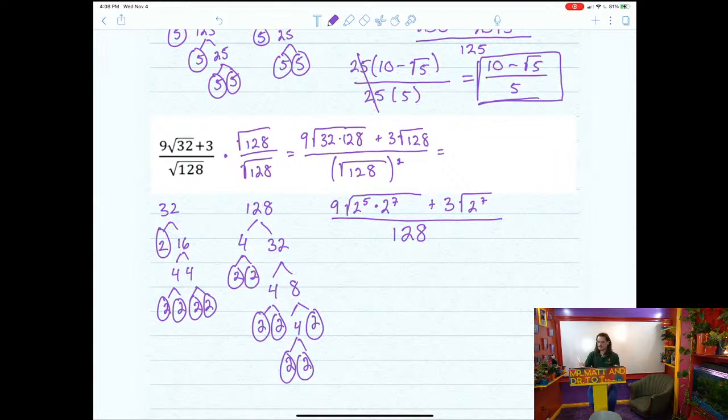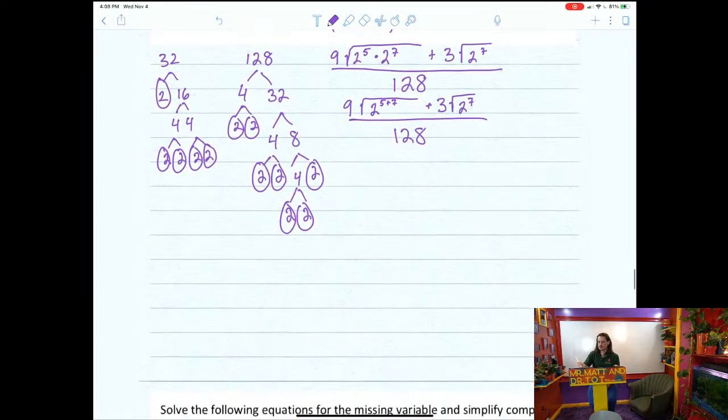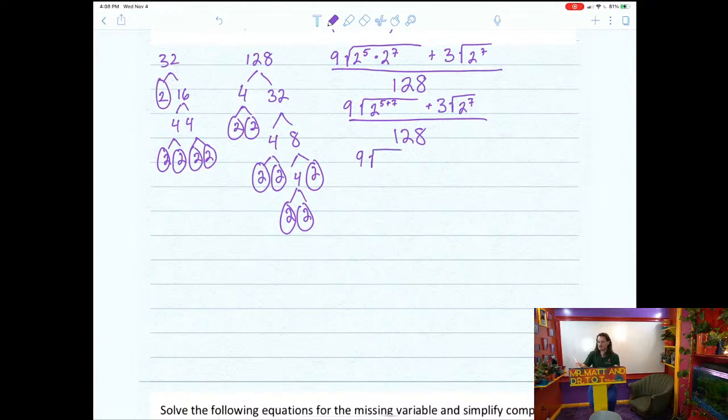So this is the same thing as 9 times the square root of 2 raised to the 5 plus 7 power. Five plus 7 is 12, so this is 9 times the square root of 2 to the 12th plus 3 times 2 to the 7th, quantity over 128.